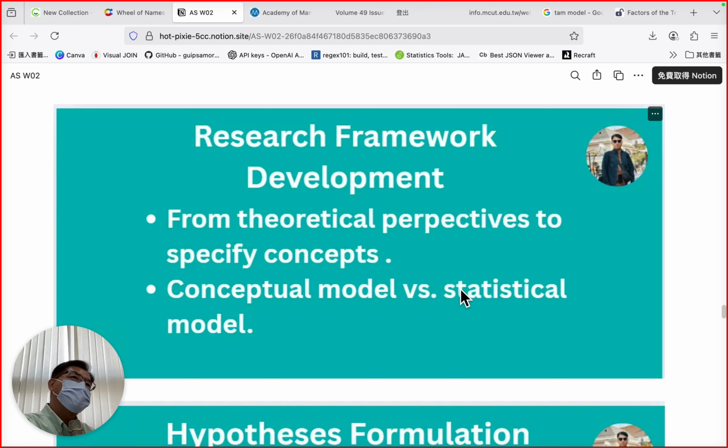Basically, how we will use the statistics to work with the data that we already collected in our study. Okay, good. That's good. Some students mix these two concepts together, conceptual and statistical. These are two different levels.